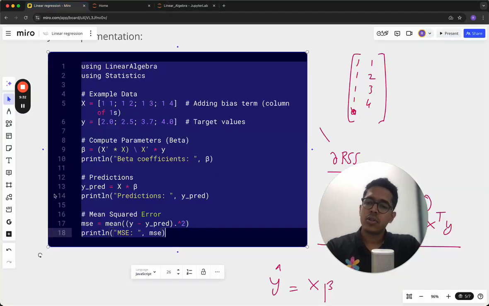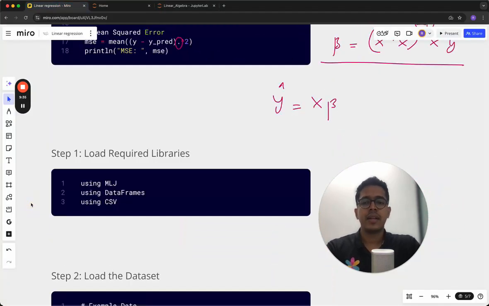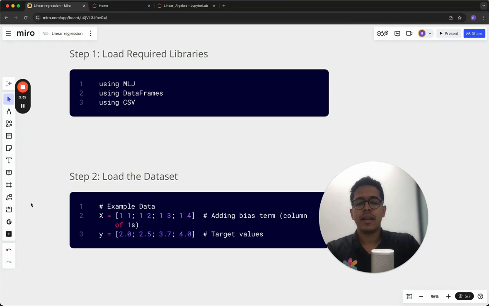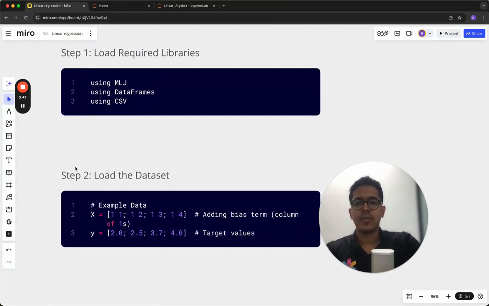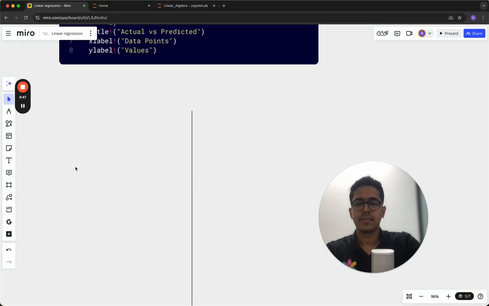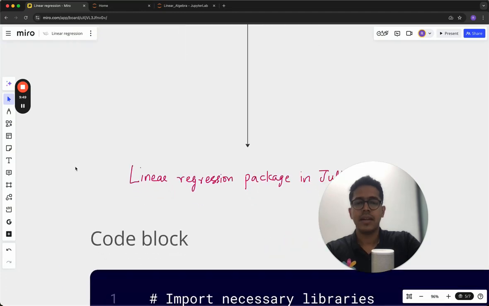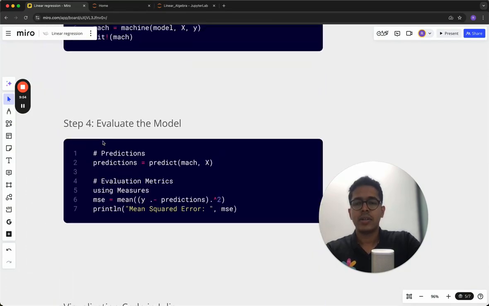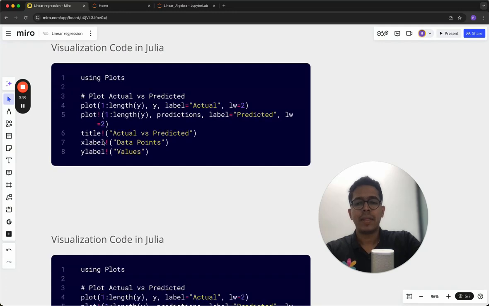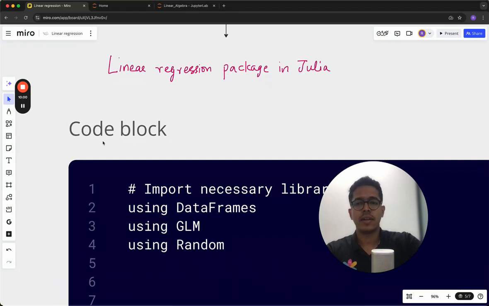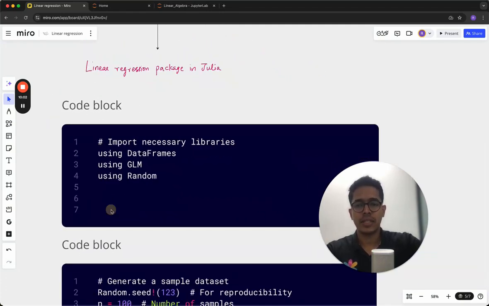Okay, now let's also, as the last thing today in this lecture, use libraries. Today we'll be using the linear regression package, because previously what I had written here was the from-scratch implementation of linear regression, but I want to show you using GLM.